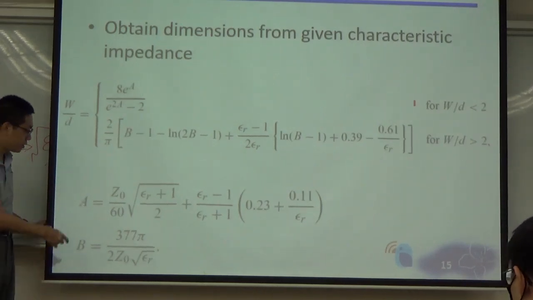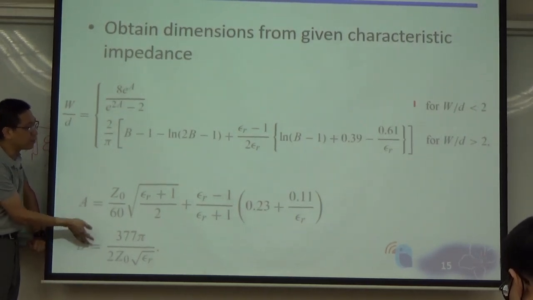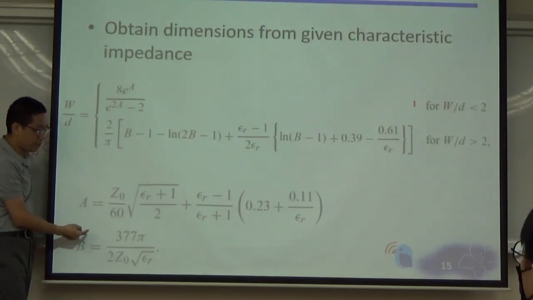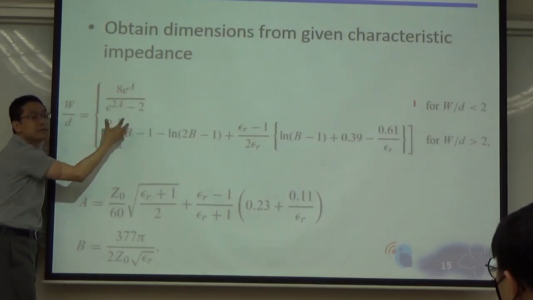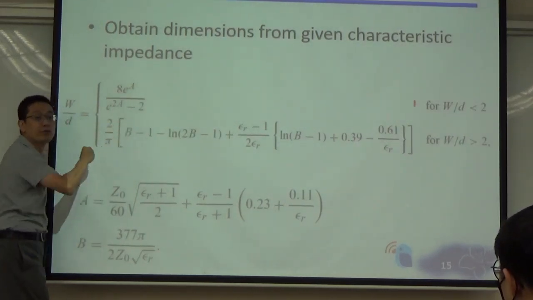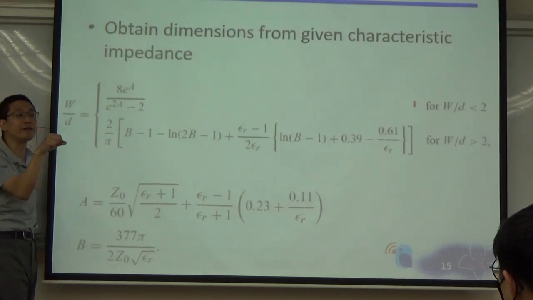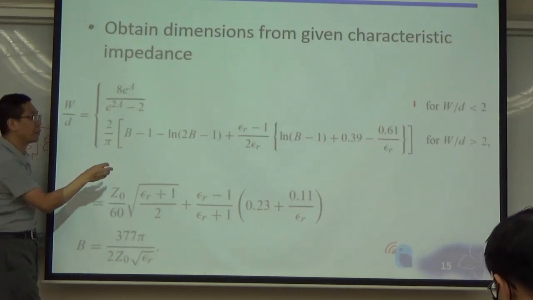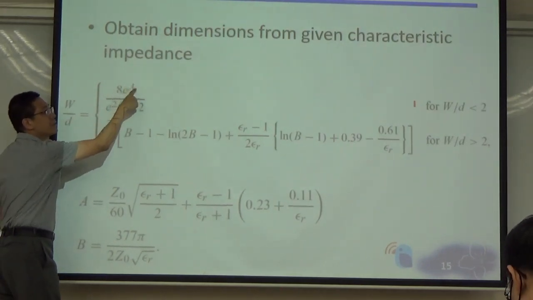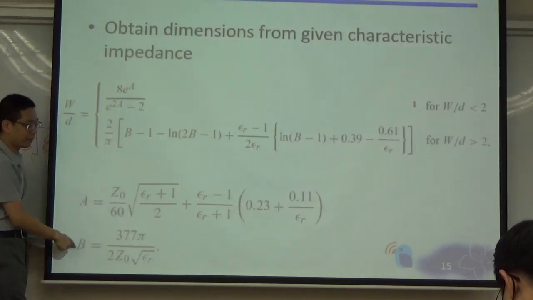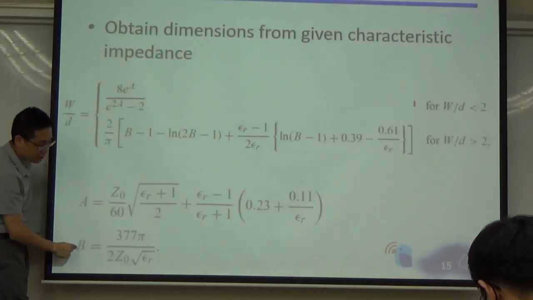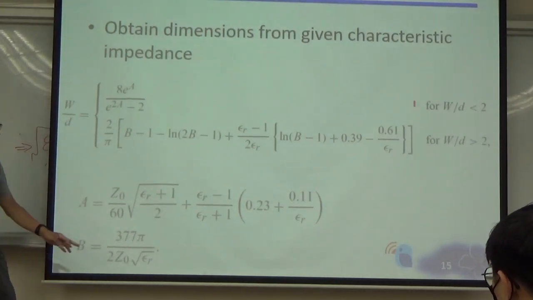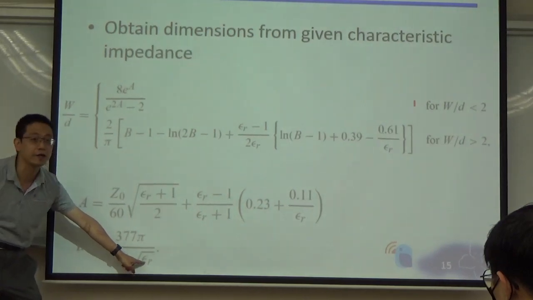For this one, you will need A and B because the equation is too complicated. We try to reduce the size of the equation because it is too huge, very difficult to write down in the book or on a one-page paper. So they take a similar term outside: this term is A, this term is B. If you want to use this equation, remember this is epsilon r, not epsilon e.